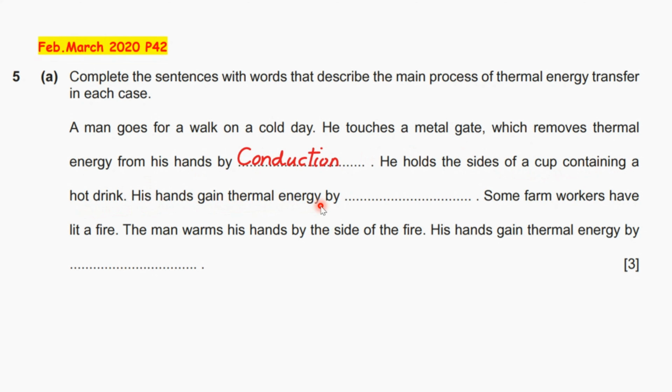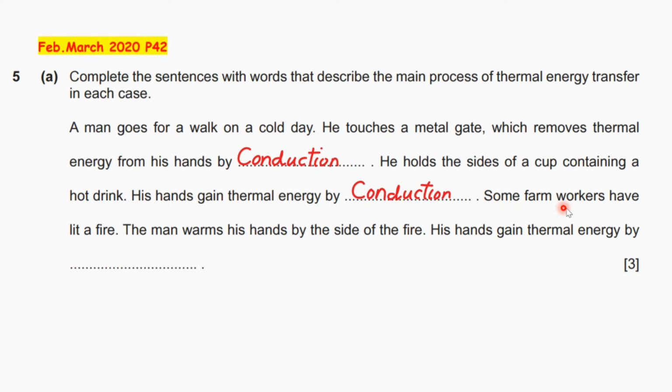And if you touch the cup as well, which is made of a solid material, it means that heat energy transfers from the cup of the hot drink to your hands. It means there is conduction as well, because the free, mobile or delocalized electrons move from the hot cup to your hands, from the hot region, as I said, to the cooler region.